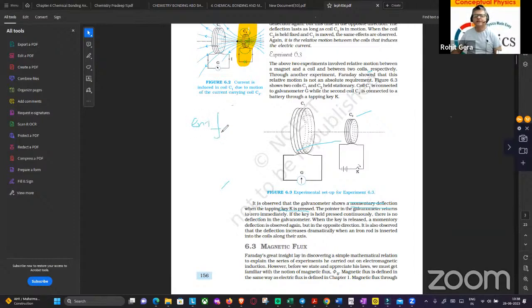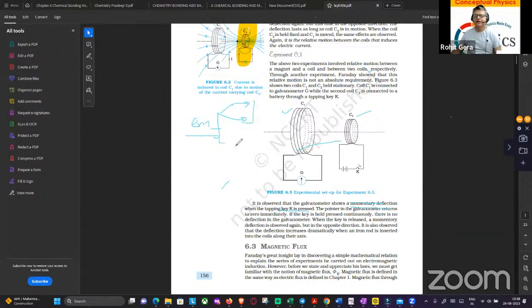तीनों cases में we were able to generate EMF in coil number 1 by first bringing a bar magnet close to this. In the second case, by bringing another coil with battery close to this. Both these involved relative motion.